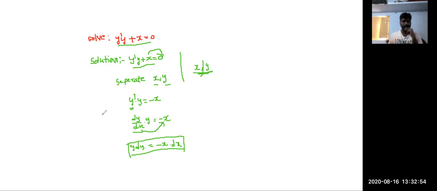Okay, now integrate on both sides. Integrate on both sides, that becomes integral of y dy equals integral of minus x dx.